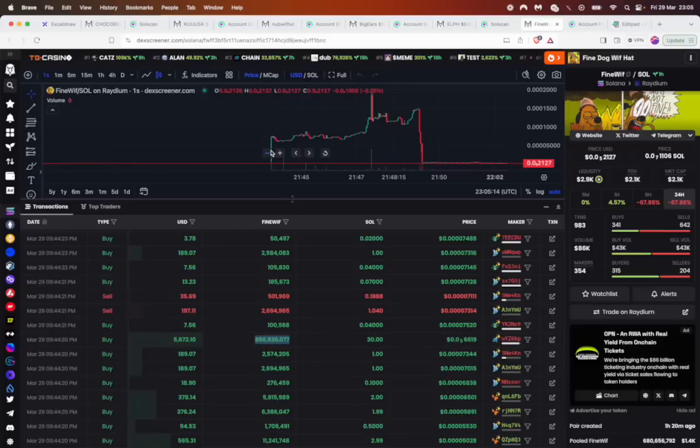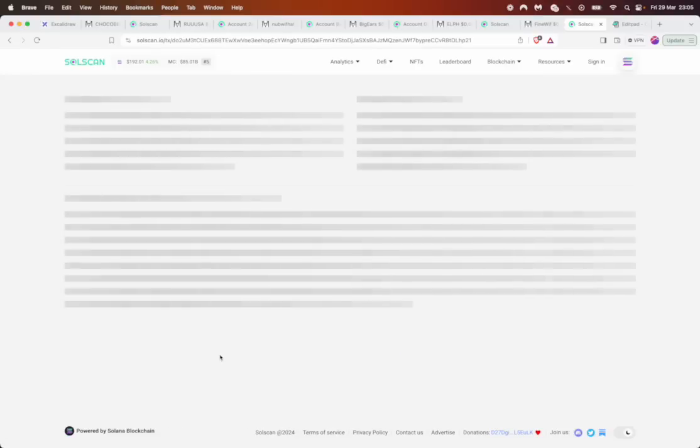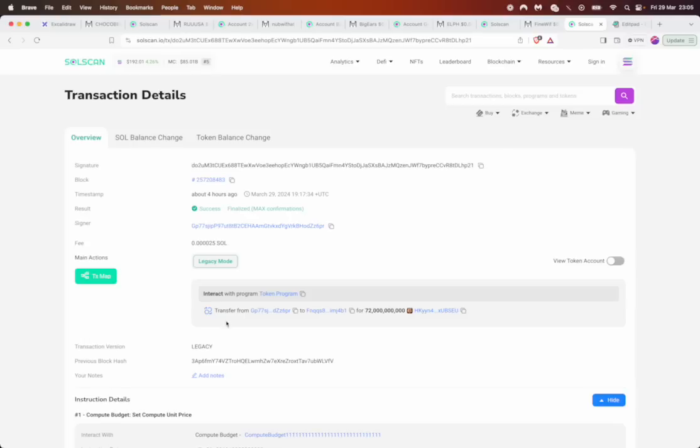So you get this pump. It looked like the developer did not hold anything. In fact, another trick, see here, 72 billion. It looked like that from the UI. Let's click and see what's going on here. He transferred the amount to somebody else.